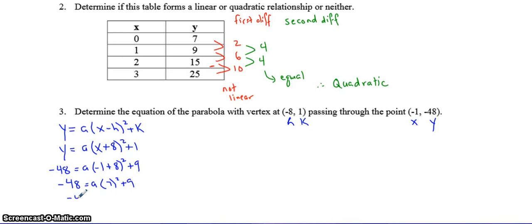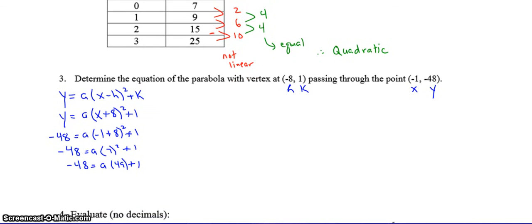And then the exponent. 7 squared is 49. Oops, I made a little mistake here. That should be plus 1. And then once you've done using BEDMAS as much as you can, you can't take the 49 and add the 1, because the 49 is attached to the a, so they're not like terms.